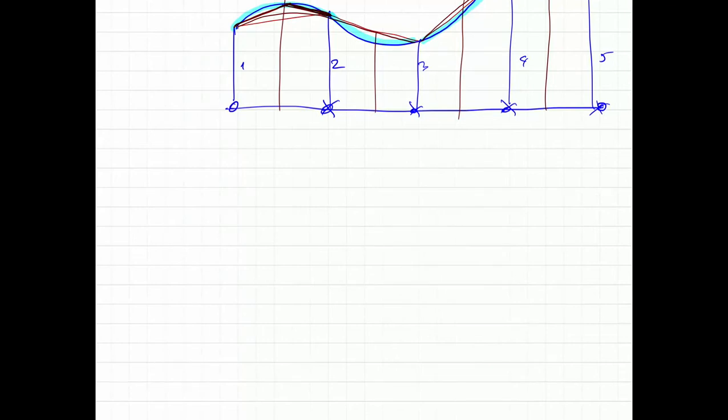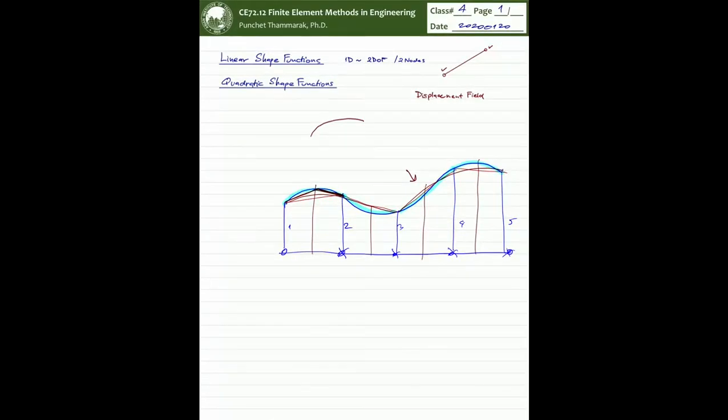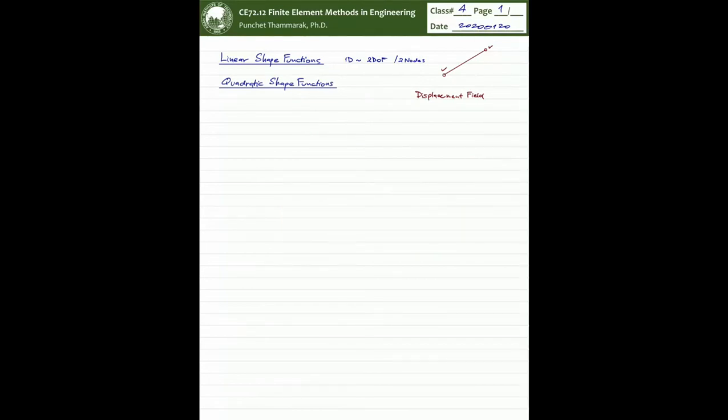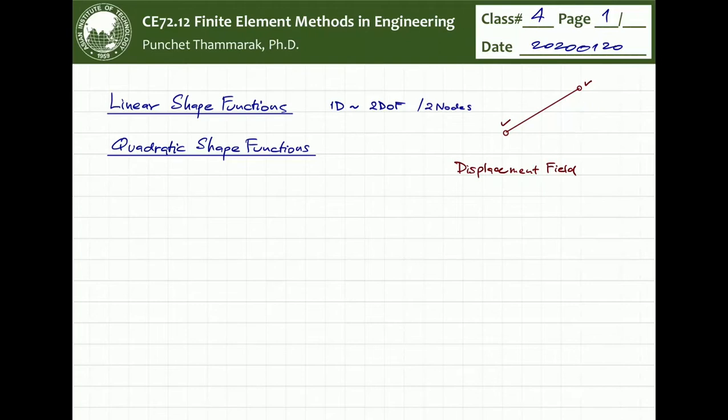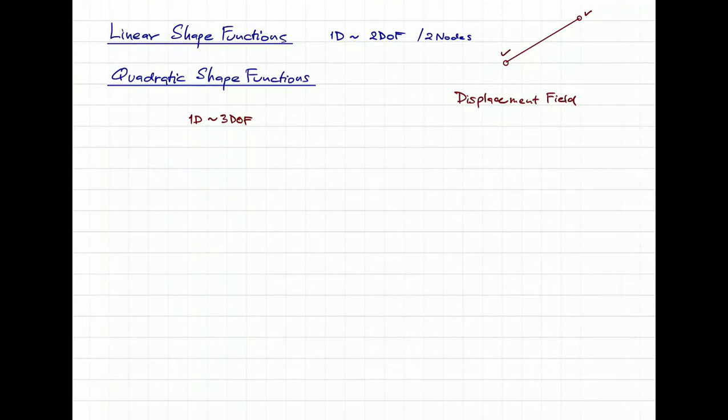Alright, so then I'll clean this up. Then we come to the 1D, 3DOF element, the one that uses the quadratic shape functions. In order to define a curve, you have 1, 2, not enough, 2 points are just enough to define a straight line.